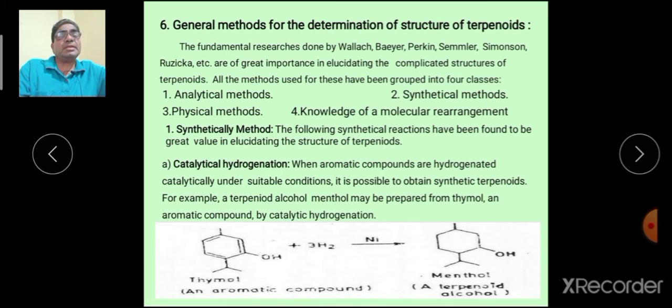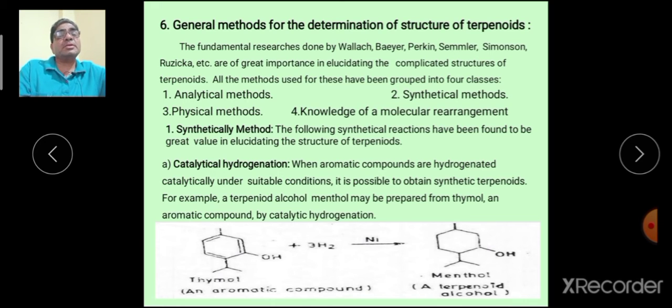In the synthetic method, the synthesis is carried out by taking a starting material and finally the product is obtained. And these synthetic reactions are found to be of great value for the determination of the structure of terpenoids.